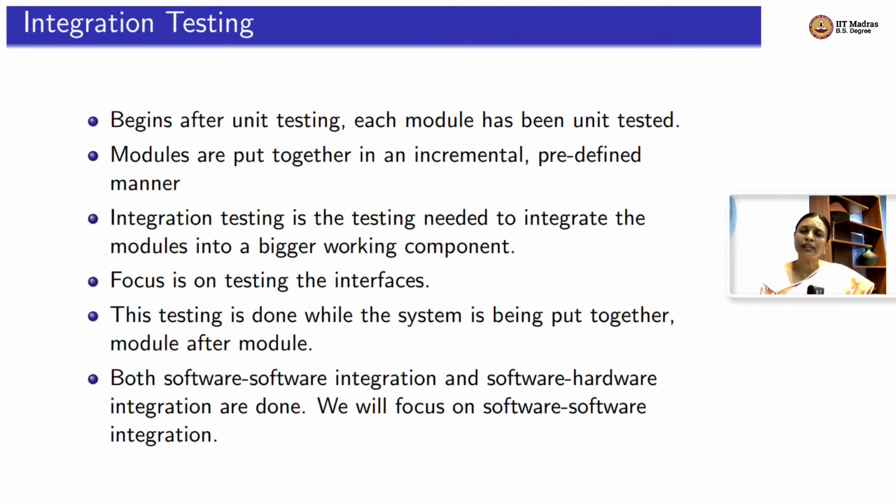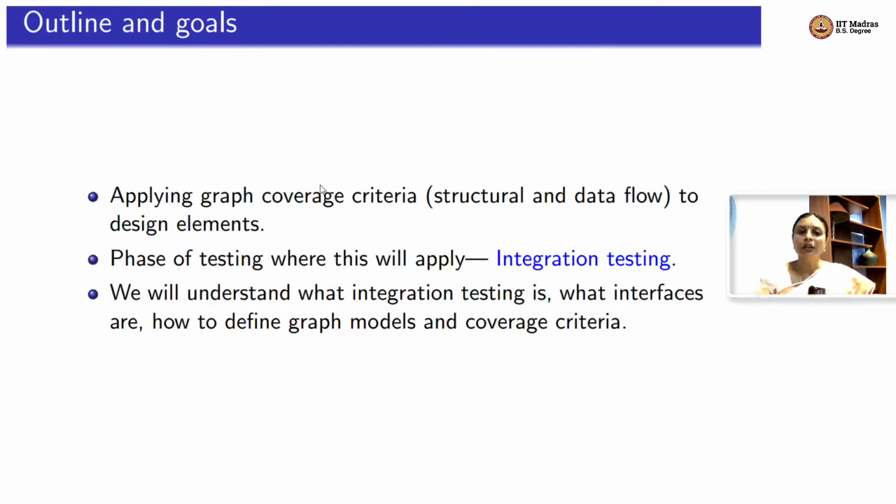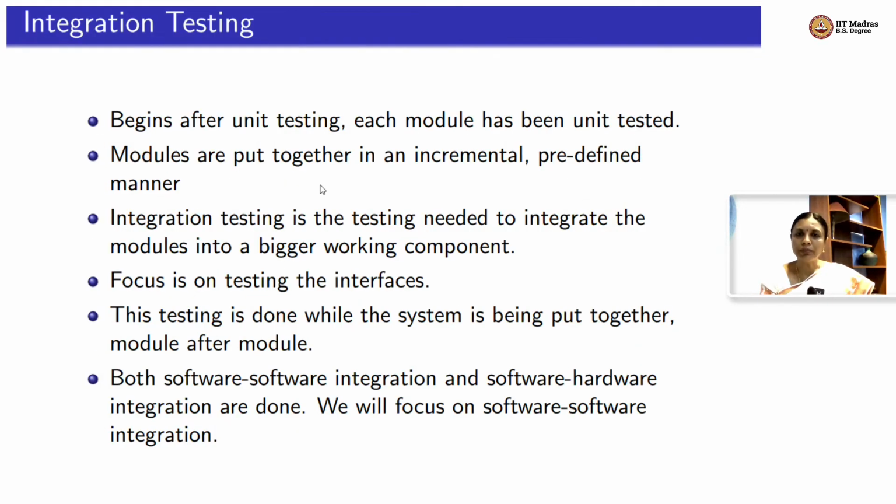So integration testing is immediately after unit testing, assuming that each thread has been tested, each method has been tested. And the individual modules, let's not distinguish between calling them as methods or threads. We'll just call them modules as per this interpretation that has been defined here. So an individual module has been developed and unit tested. May or may not be ready, but let's say it's ready.